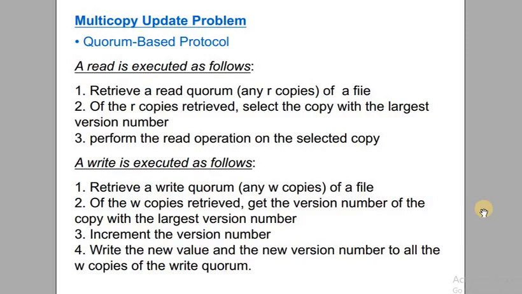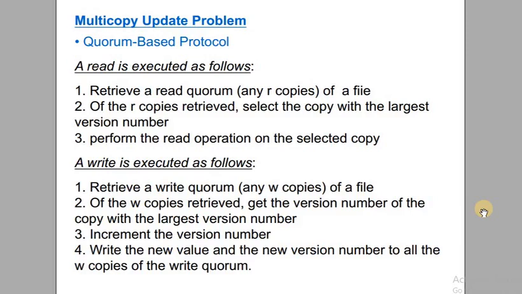Suppose there are n copies, you take R copies of them, and of the R copies retrieved, select the copy with the largest version number, because of course it can be an immutable file also. So in those cases we check the version and take the most updated one and perform the read operation on the selected copy. It's very simple: you take R copies, find the most updated one from them, and use it for read operations.